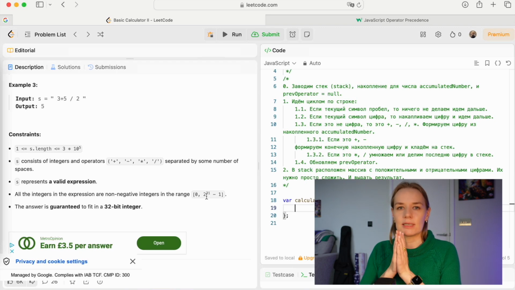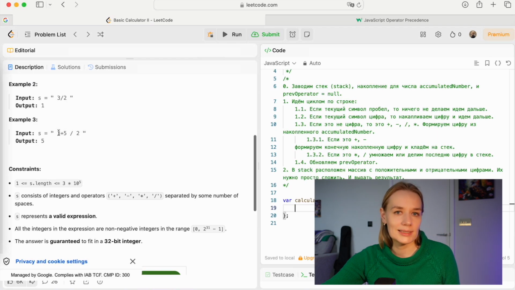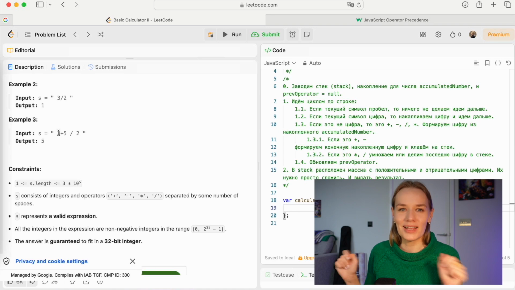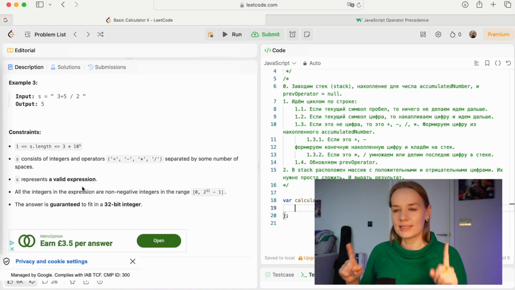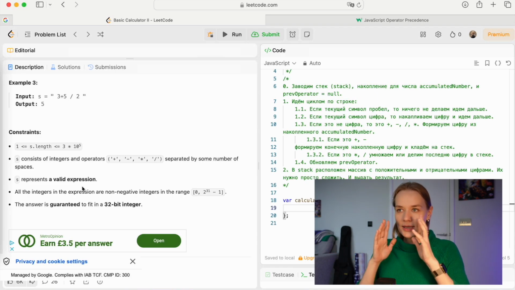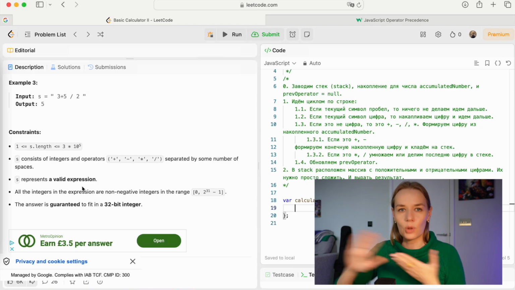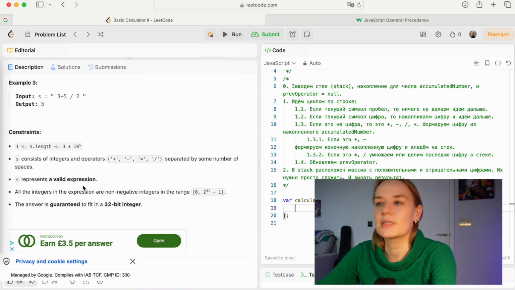It means integers can be very large, not just 3, but for example 3145678910 plus 5. And the answer is guaranteed to fit in a 32-bit integer, so at the end we have just an integer without floating point. Got it.